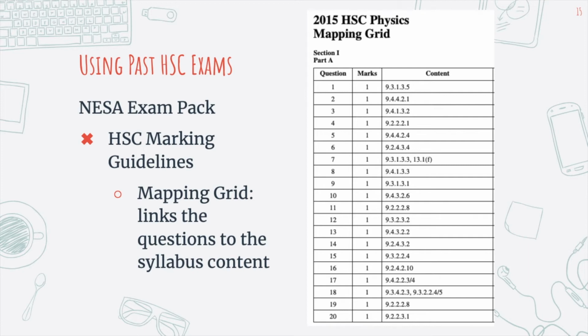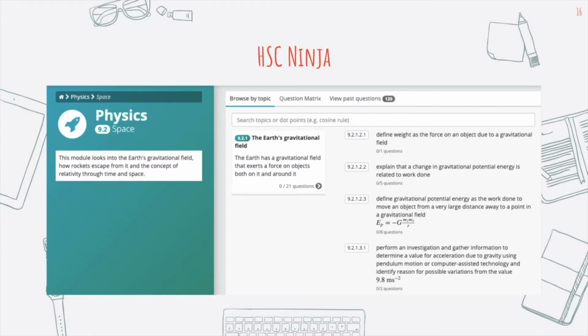Okay, now this can be quite difficult, quite time consuming, to go through all of the mapping grids for the past HSCs. So HSC Ninja has already done this for us. It has gone through all of the past HSC papers and broken down all of the exams into their relevant dot points, and under each of the headings you can see that there are a certain number of questions that have been asked in previous HSCs about those particular areas.